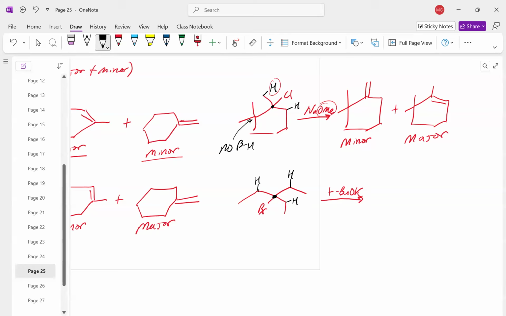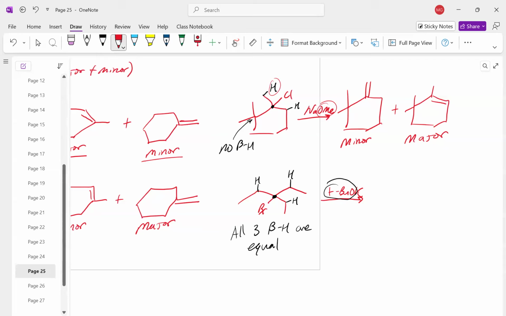Now, what do you notice about all three of those? All three sets of beta hydrogens are the same. It doesn't matter which one you pull off, you're going to get the same product each time. It doesn't matter what base we're using, because in this particular example, we can only get one constitutional isomer.